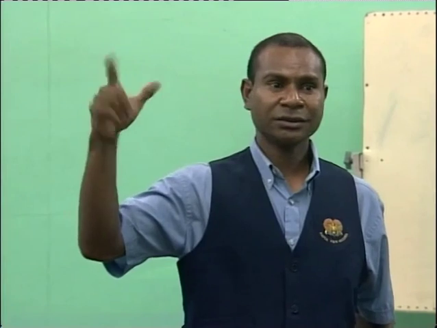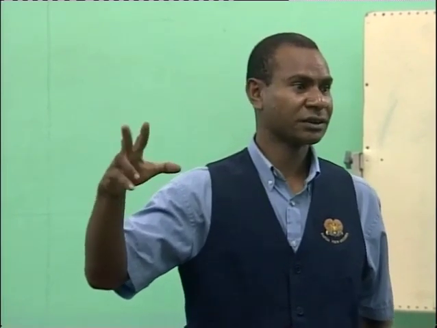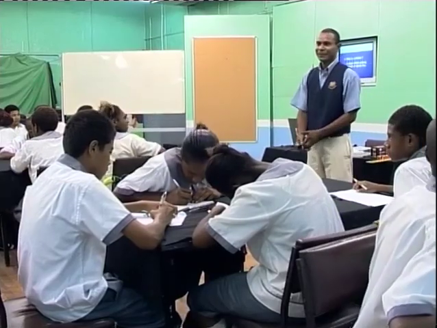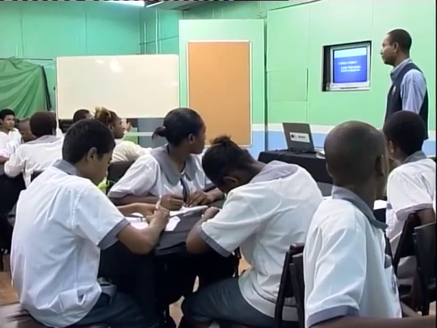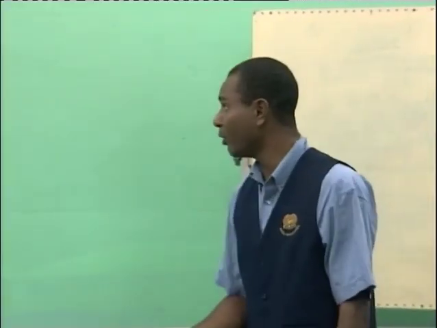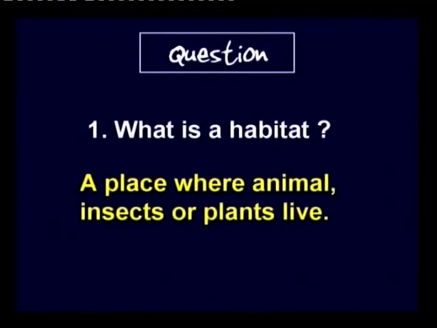Any others who would like to give us the final answer? All right, then we'll have a look at mine. Your answers are correct. What I have found is simple. Habitat is a place where plants, insects, and animals live. All right, good. That's a simple meaning of habitat.